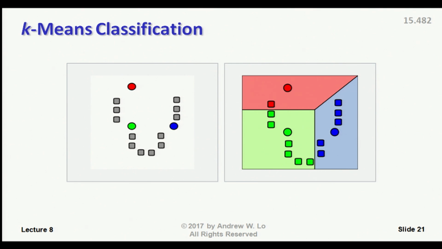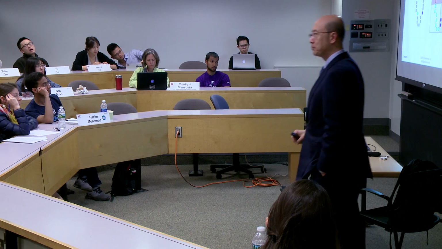Okay? So if I use that method, then it turns out that this one is a red dot, but this dot here is green. In fact, all of these dots here are green until we get to this dot. This dot is closer to blue. And then all the way up here, these are blue. So if I use this nearest neighbor algorithm, I get this classification. All right?